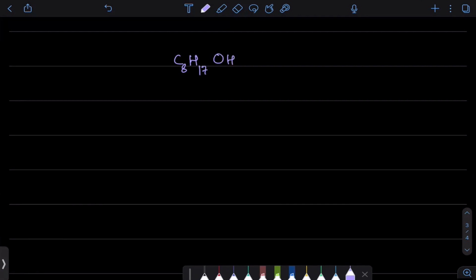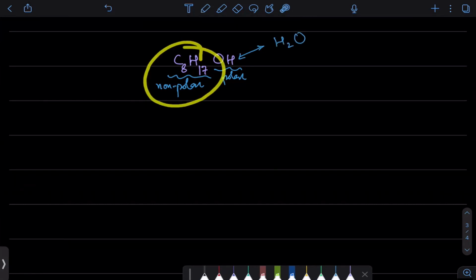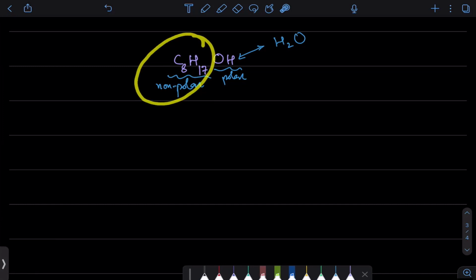So octanol is going to have C8H17OH. So it's going to be a huge molecule that has a long tail of this side being non-polar and this side being polar. So this polar side will be attracted with water, but the non-polar side will not be. तो उसकी वजह से क्या होता है, जितनी हाइड्रोजन बॉन्ड बनती है वो इस नॉन पोलर की वजह से इसको काउंटर नहीं कर पाती.